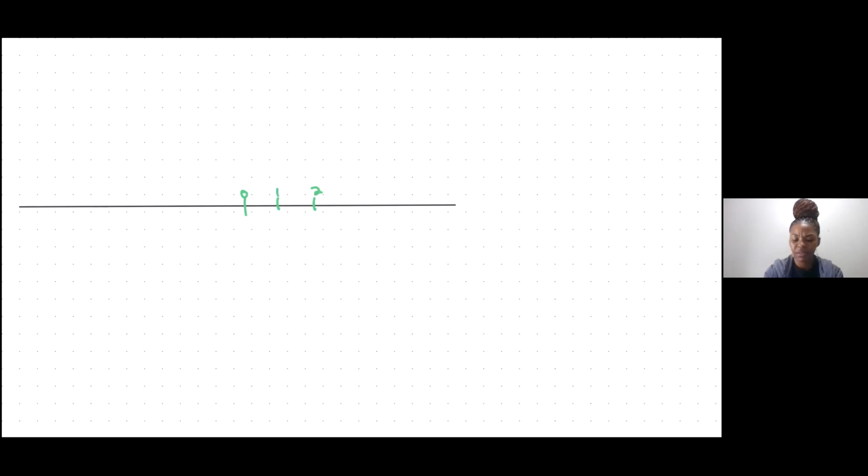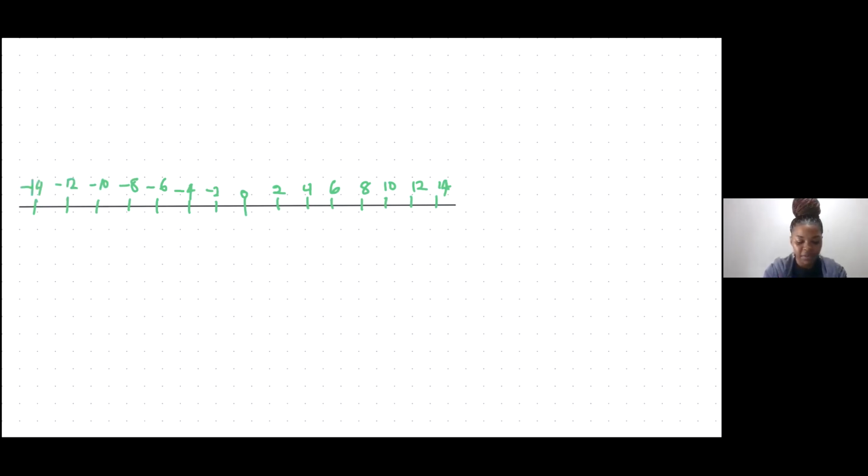Actually, let's use some bigger numbers. Going to go 2, 4, 6, 8, 10, 12, 14. So I did them in increments of 2. -2, -4, -6, -8, -10, -12, -14.